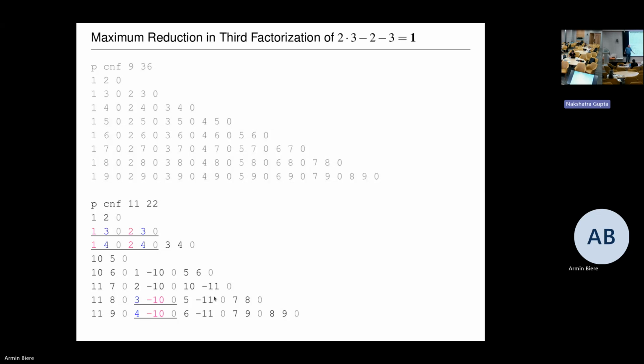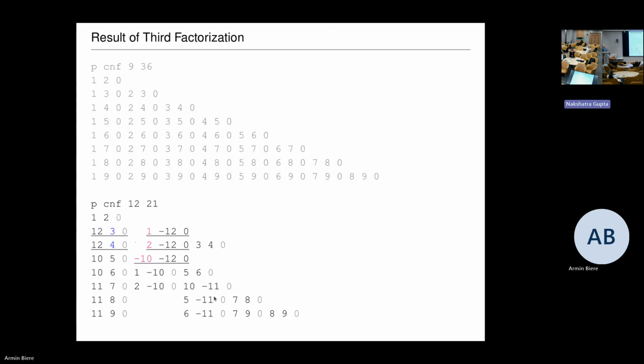But you see, there's this strange thing that this was a new variable, and now this one occurs as a factor, right? With also these 3 and 4. Okay, because we factor out those guys again. So we kind of factor out things, and then we factor out in the factorization again things. And of course, if you implement it, you don't care, right? You just go over the next largest variable. And so this gives you then this solution.